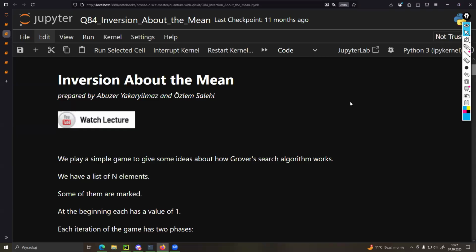Grover search is an algorithm that searches over an unstructured dataset. So in regular searches, let's say you have an array, 1, 2, 14, maybe you have 9 here, maybe you have something like 27.